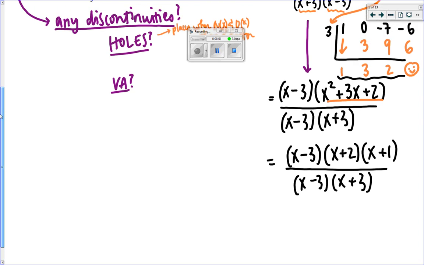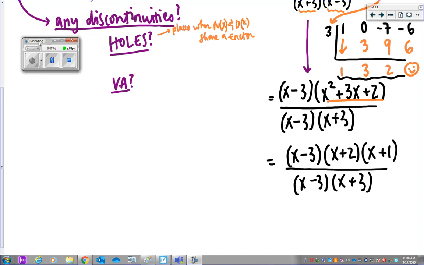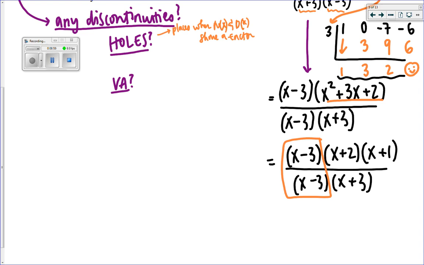Our goal was to find any holes or shared factors. Well, what do we have as a shared factor? x equals 3. So what does that mean? There is a hole at x equals 3.